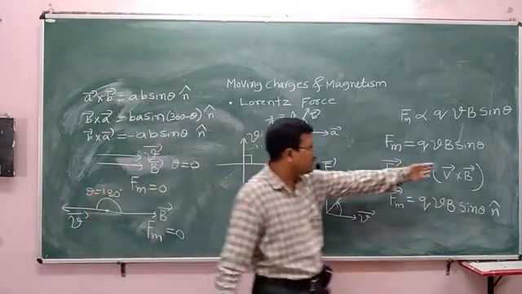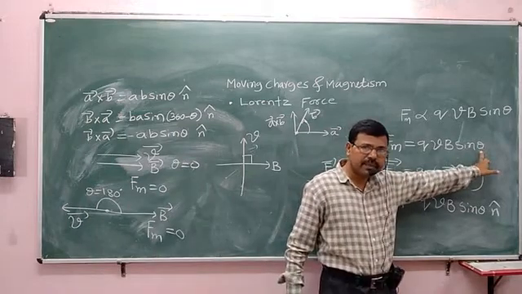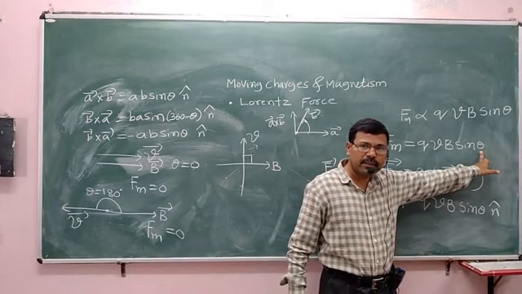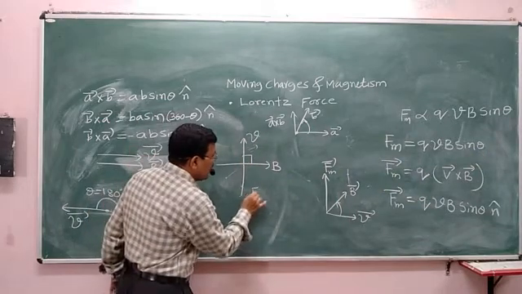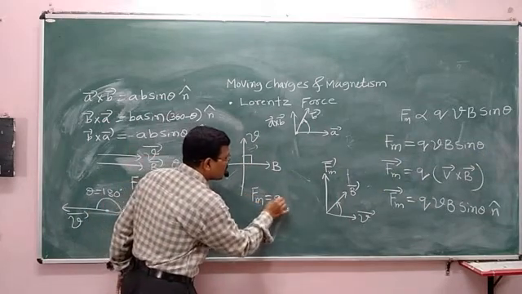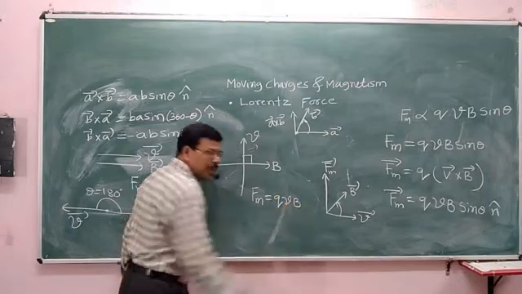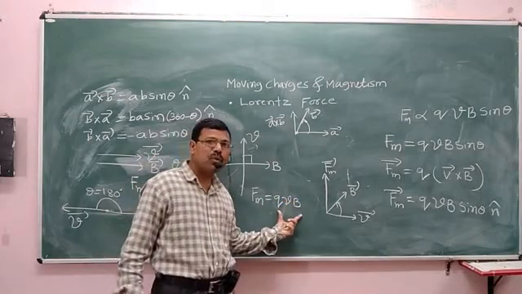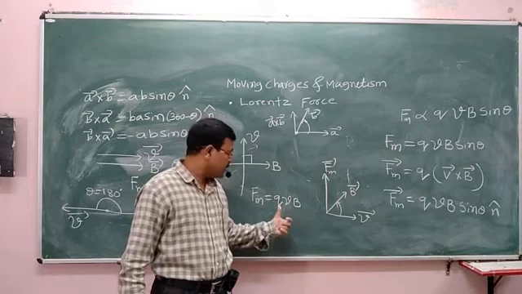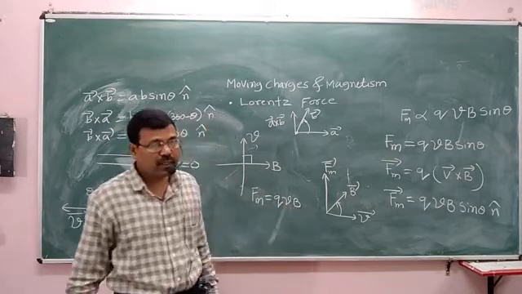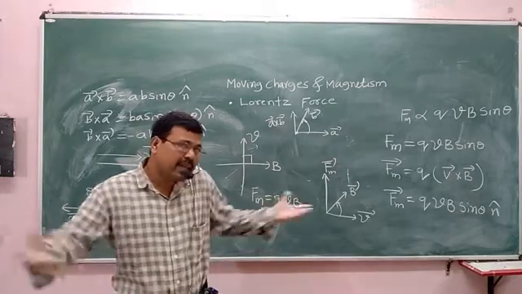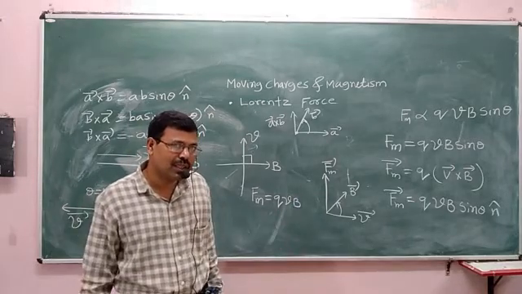Then here theta is 90 degrees, sine 90 is 1. Then this charge will experience maximum force. It will experience maximum force, QVB: magnitude of charge, velocity of charge, strength of magnetic field. Magnetic field is also a vector quantity like velocity.